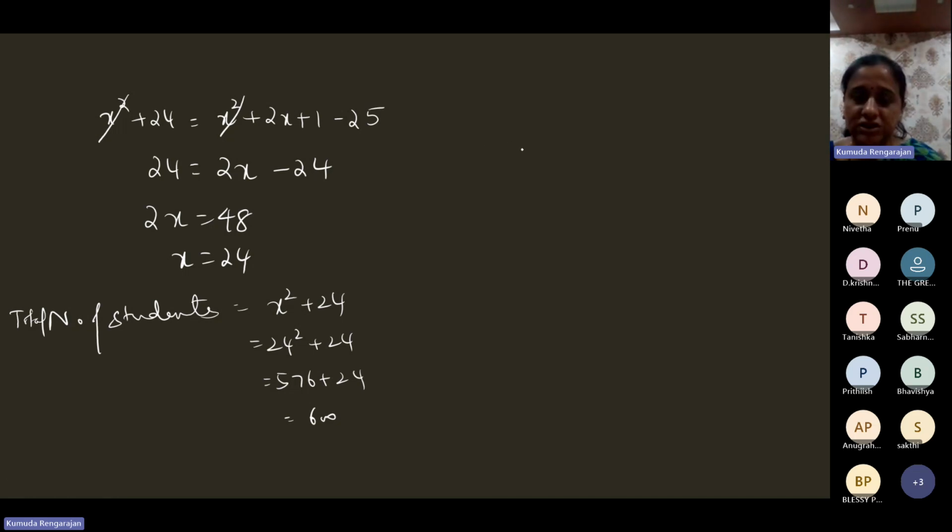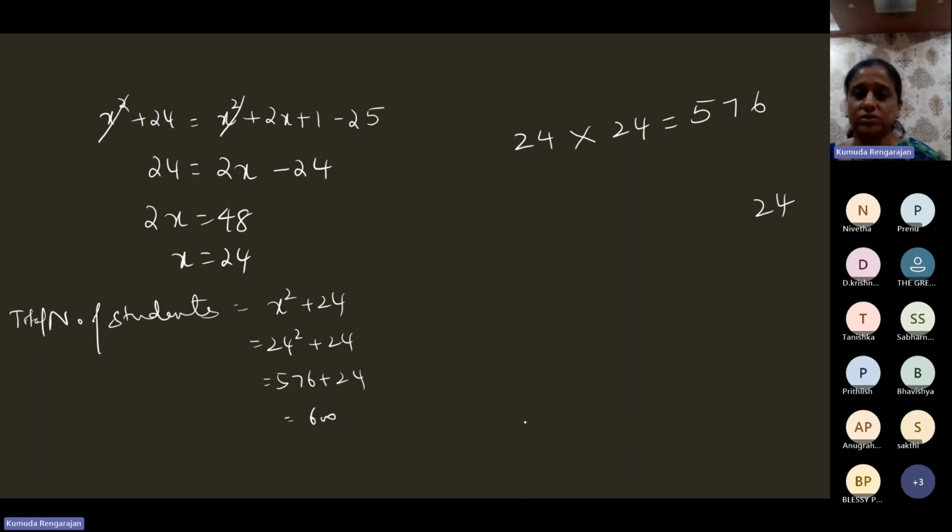So first, the teacher made 24 rows and 24 columns. So when the teacher makes a solid square with 24 rows and 24 columns, the teacher was able to accommodate 576 students. But there are 600 students, right? So 24 students were not accommodated in the square.